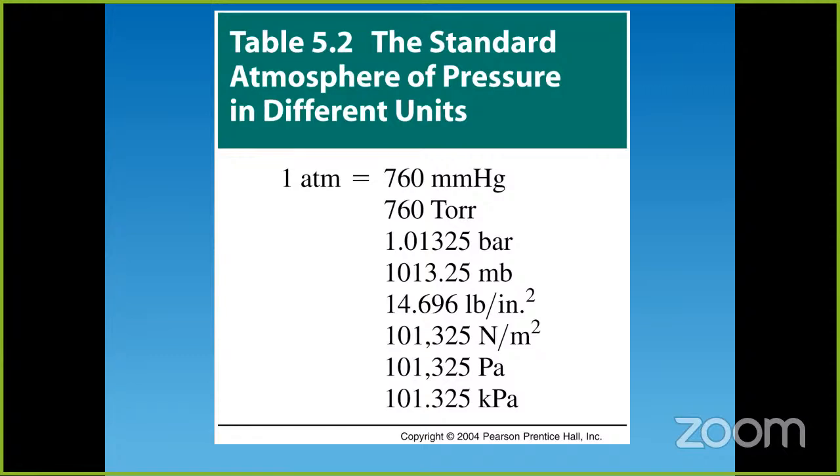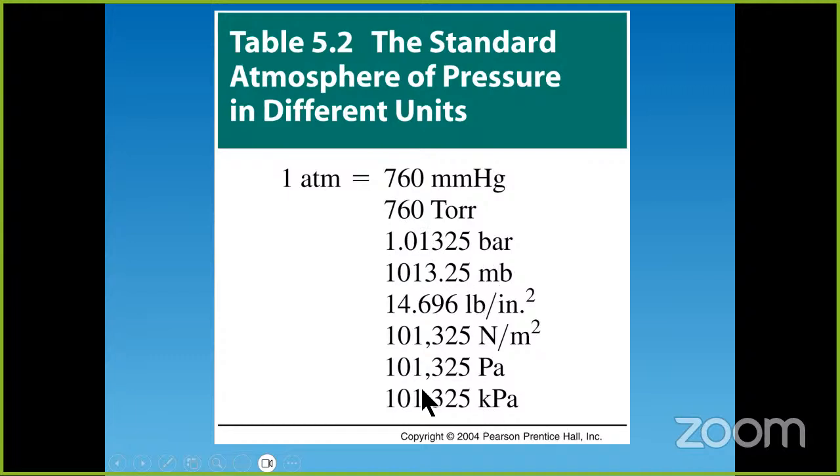So basically, the powers that be decided we're going to have 1 atmosphere, and that would be equal to all these values expressed in different units. Here we see that 1 atmosphere is equal to 760 millimeters mercury. I'll explain how we came up with this unit later on. And as I said before, because the millimeter mercury unit is the same as the torr unit, 1 atmosphere is also equal to 760 torr.